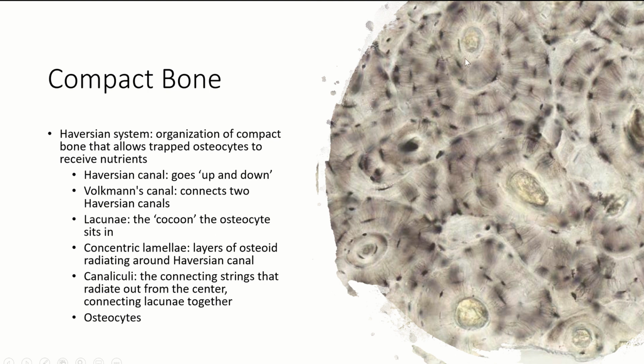They're microscopic tunnels that connect this Haversian canal to this lacuna with the osteocyte in it, to the next lacuna with the osteocyte in it, to the next one, to the next one. That allows blood from the central Haversian canal to get all the way out to the outermost osteocyte in that system. Okay.